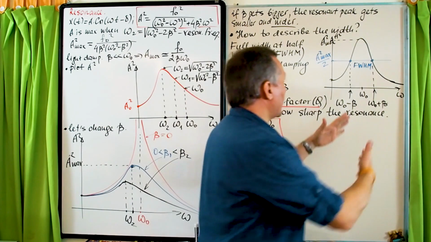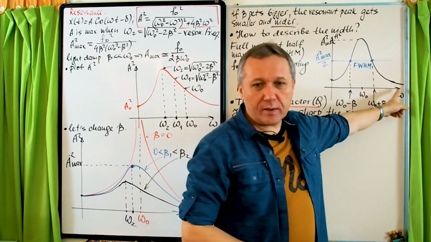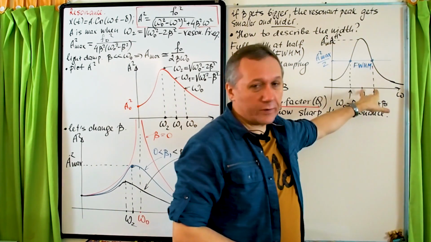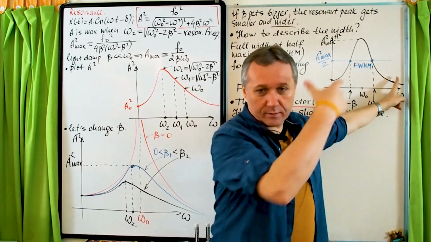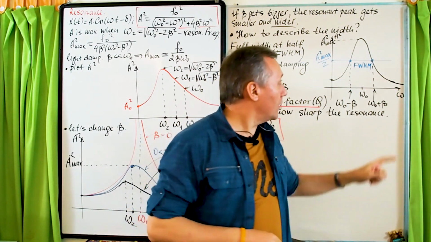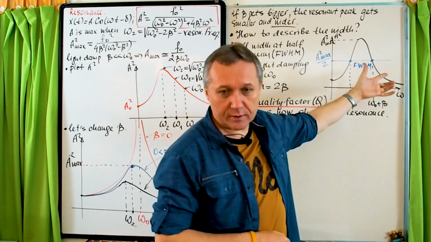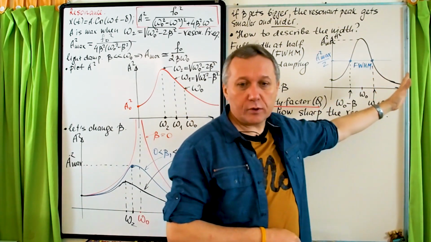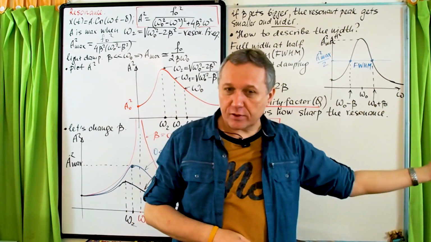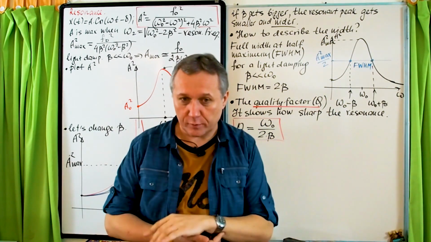If you have a sharp resonant peak, and there is some noise or some neighboring radio station nearby, then that station's driving force is not going to produce significant amplitude in your system. In order to produce significant amplitude, the frequency of the neighboring station must be very, very close to the frequency of your station.